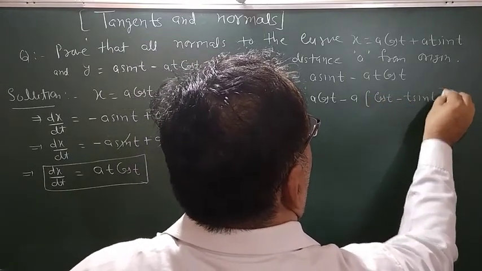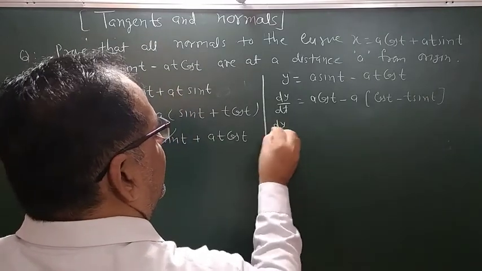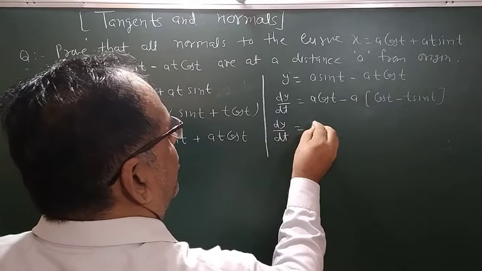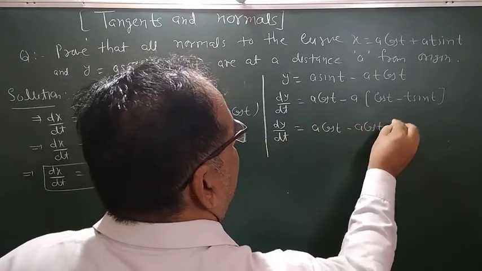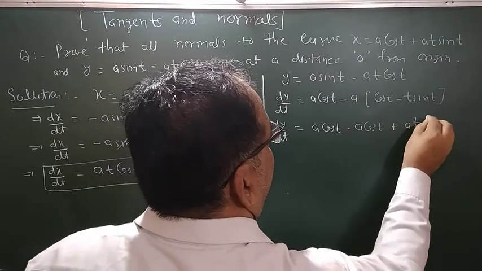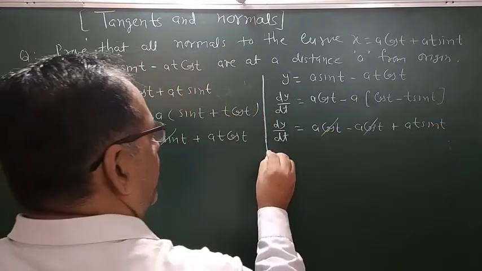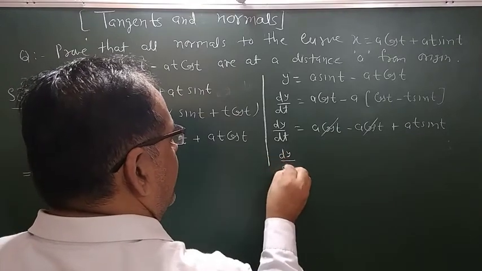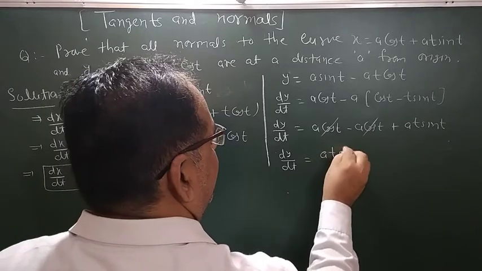Apply the product rule here. So dy over dt equals a cos t minus a cos t plus at sin t. A cos t cancels out. So now we have dy over dt equal to at sin t.